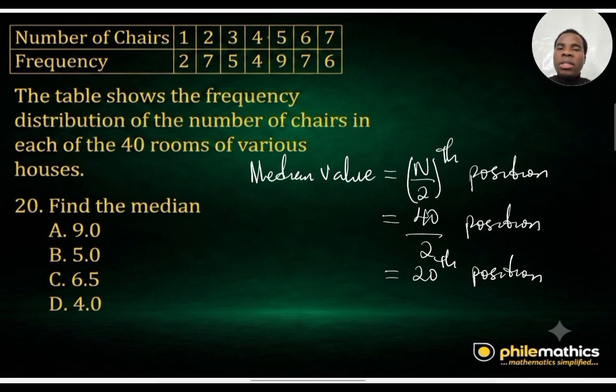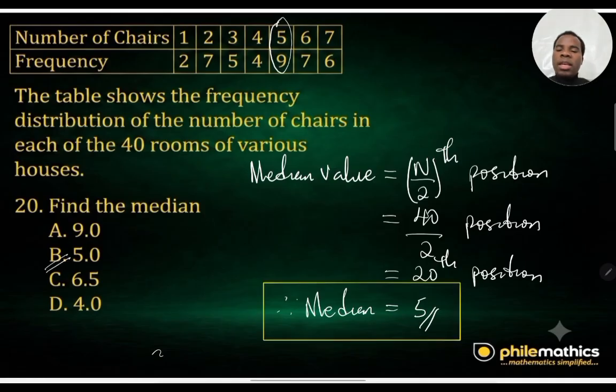So it means our median value lies in this. Therefore, our median is still 5, which is B.